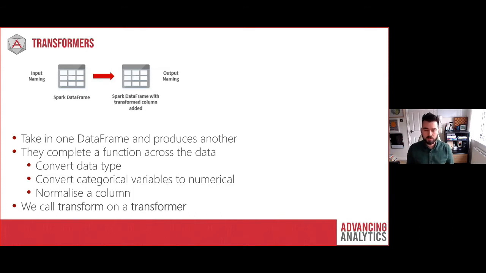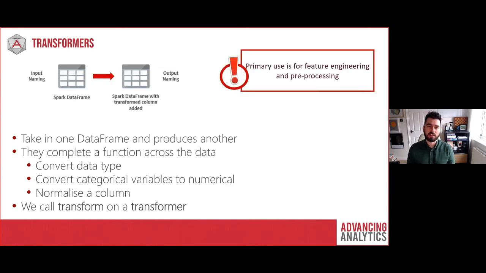So a transformer could convert some data. It could change a categorical value into a numerical value. We'll look at some of that. It could normalize a column. So that is trying to fit your data into a range which is more appropriate for machine learning. And typically we call a transform on a transformer, okay?